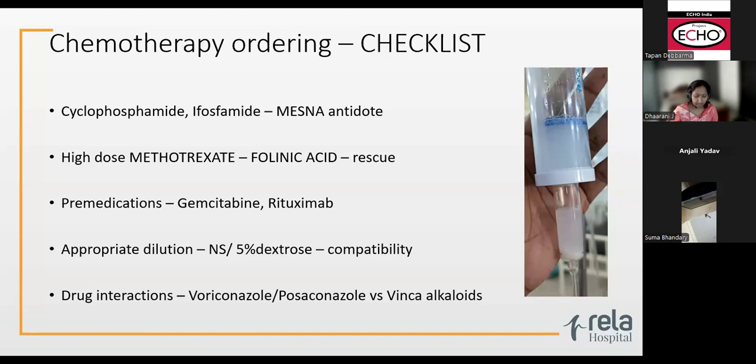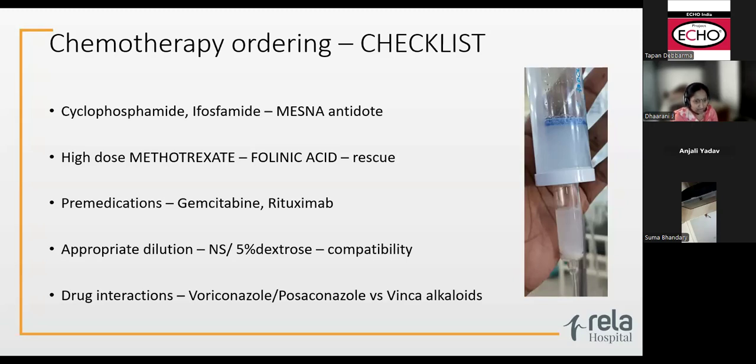Again, it is important for an oncologist, but for an experienced nurse in pediatric oncology, this is very, very important. There are not many interactions between the chemotherapy drugs that we commonly see. Two things that you need to remember very strictly, which are very commonly used, are voriconazole and vincristine.